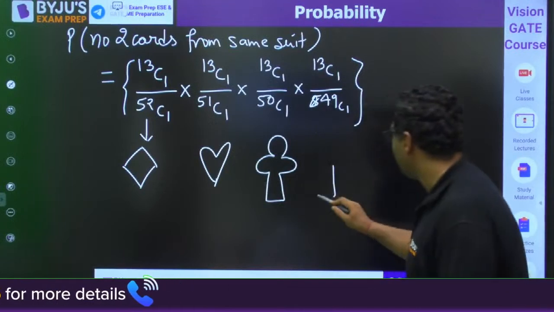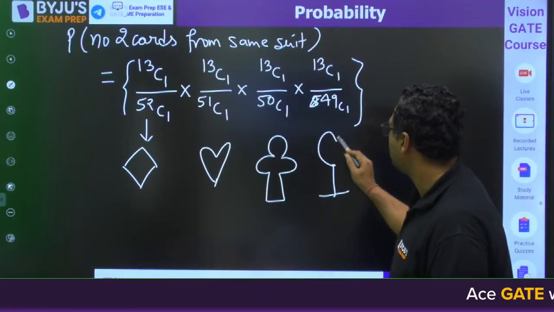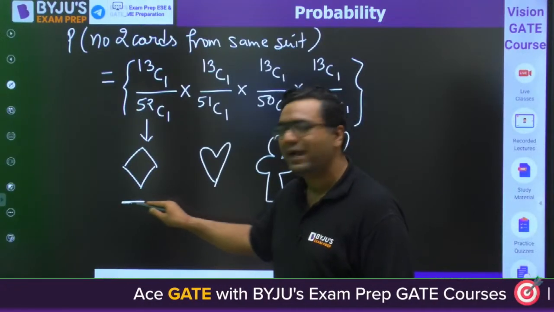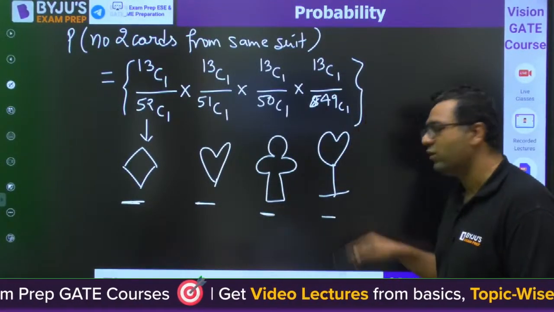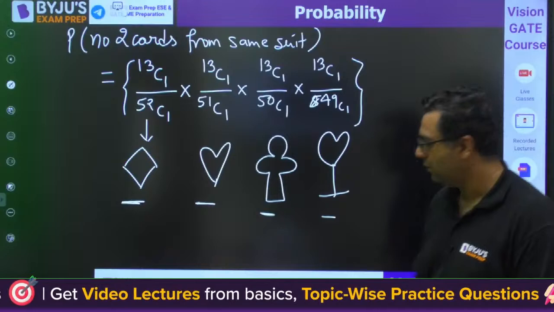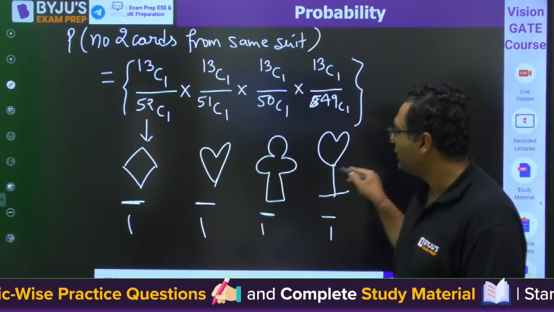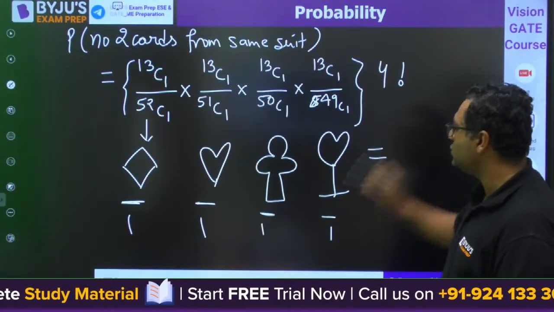I am not very good at drawing. So like that. We can also get first diamond, second heart, third spade and fourth club. We can also get first this, second this, third this and fourth this. So they can be arranged in 4 factorial ways. So this will be your final answer.